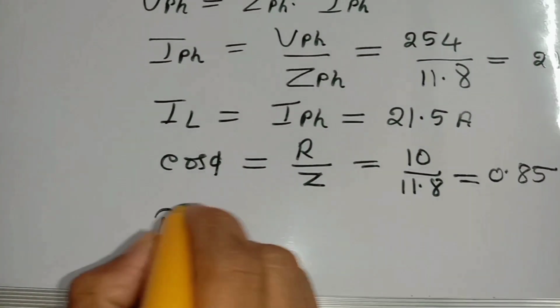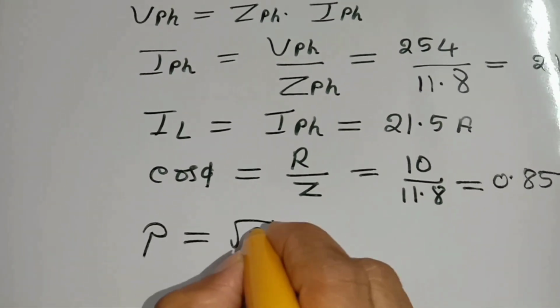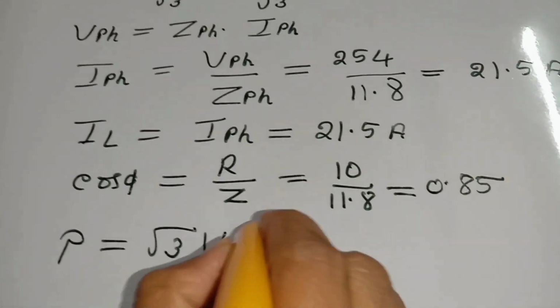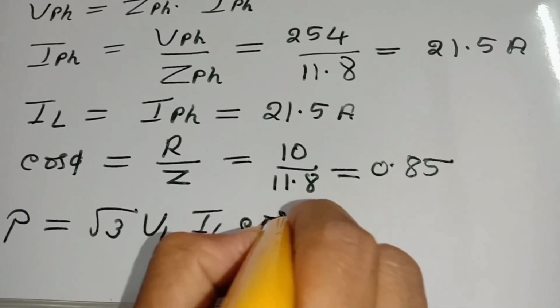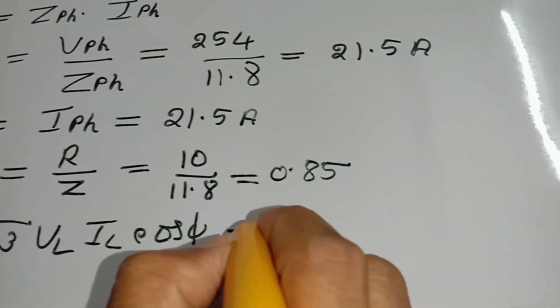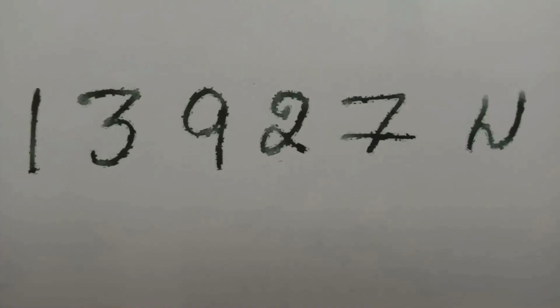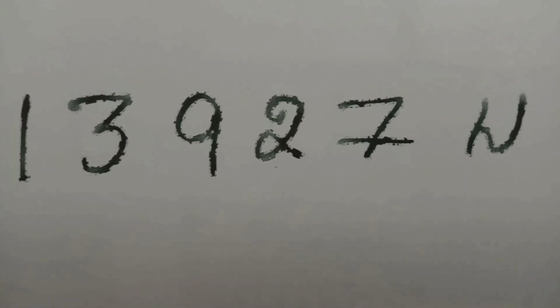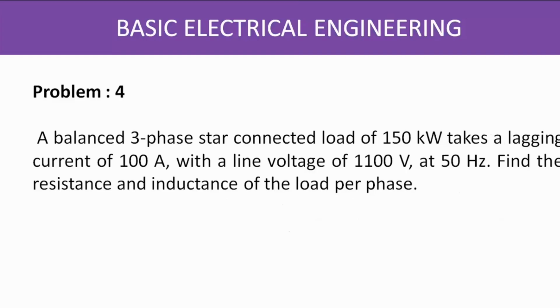So finally, power taken by the load is root 3 VL IL cos phi. Substitute all, you will get 13,927 watt.